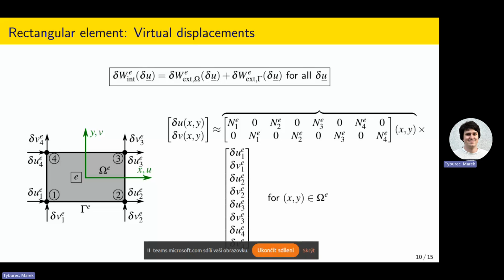It's a matrix that has some components. It depends on x, and this one depends again on x. This is multiplied with these virtual displacements.